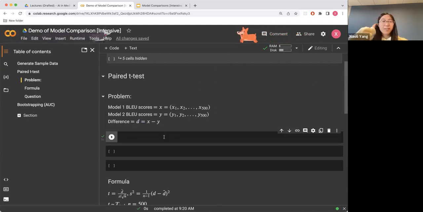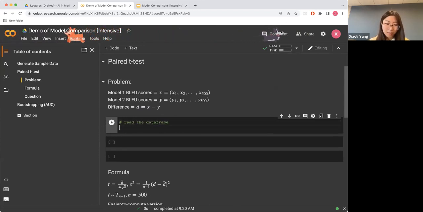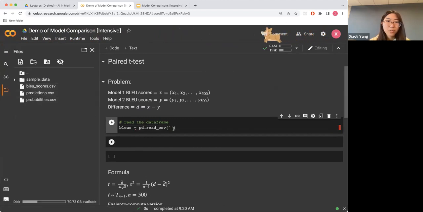So the first thing when we have the data, before actually performing the test, is to first inspect the data. So we would like to first read the data frame. Suppose we call it blues. Oh, typo. Blues. Wait. Okay, sorry about that. Blues, we want to read in the data set. I have generated one data set called BLEU scores.